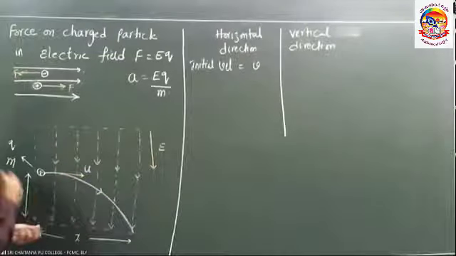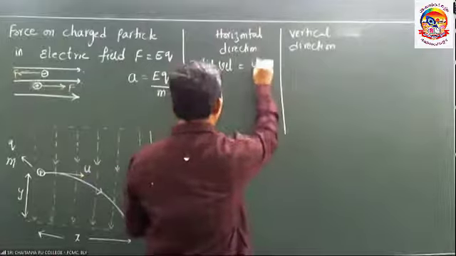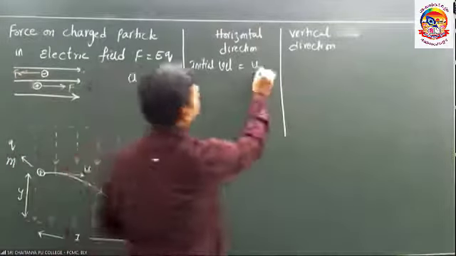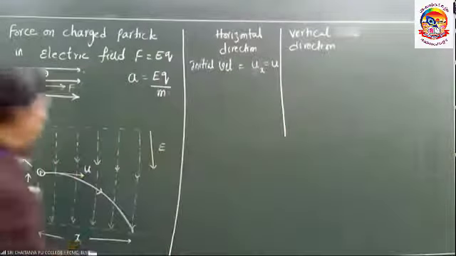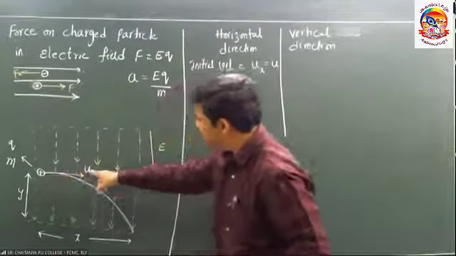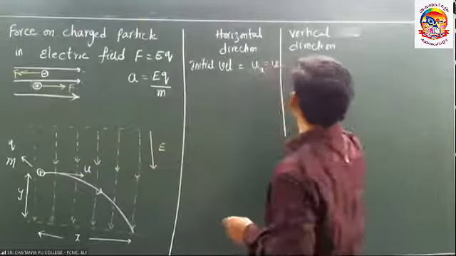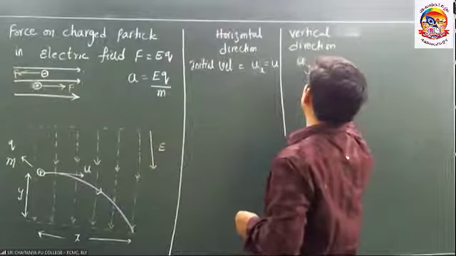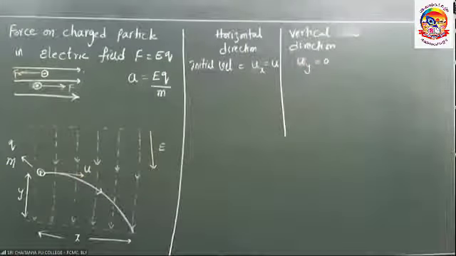Take it as u, initial velocity u in horizontal direction. So I take ux = u. In vertical direction, initially it is projected horizontally, so in vertical direction there is no initial velocity. So uy = 0.